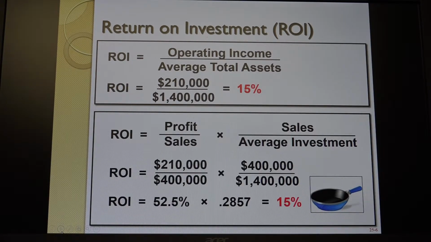So operating income's $210,000, average total assets $1,400,000. So 15% is their ROI. And of course you get the same result by using these two components, your capital turnover and return on sales down there in the bottom.